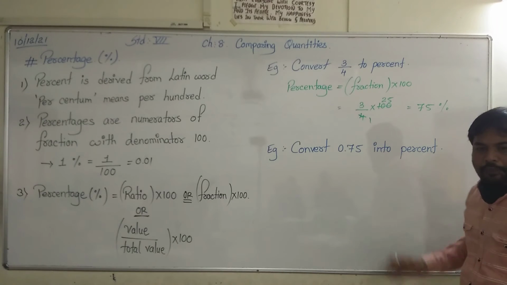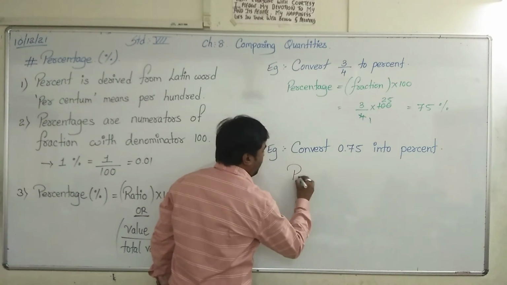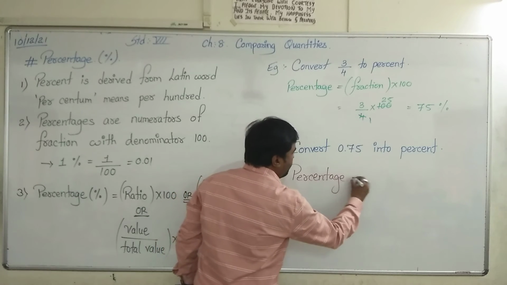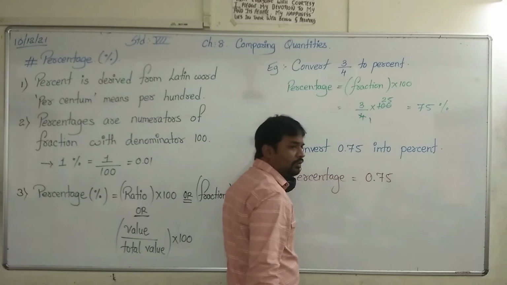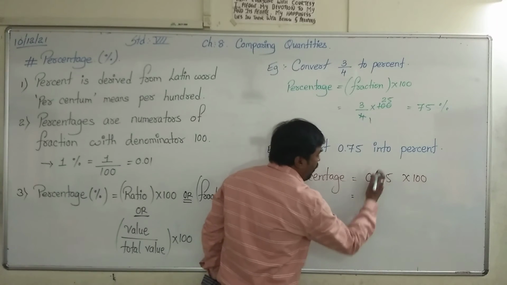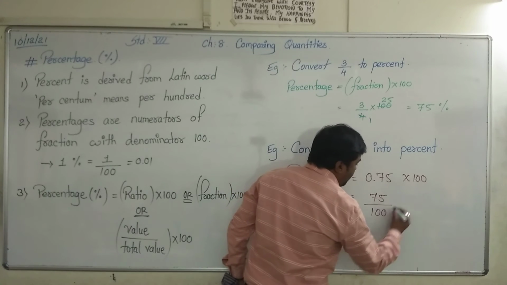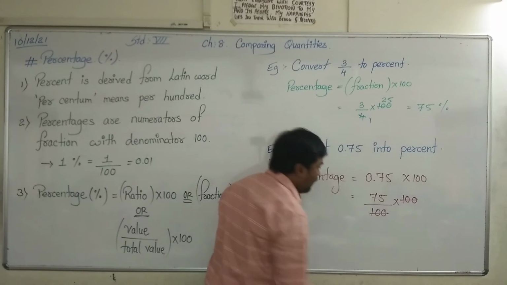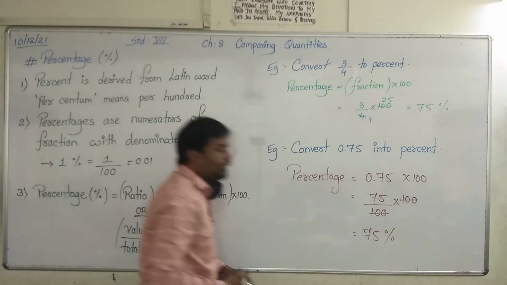Let's go to the second: convert 0.75 into percentage. How can we convert into percentage? Percentage is equal to 0.75 multiplied by 100. This 0.75 can be written as 75 upon 100 multiplied by 100. 100 cancels, and which is equal to 75%.